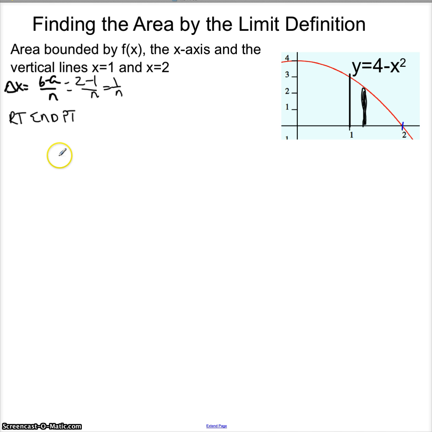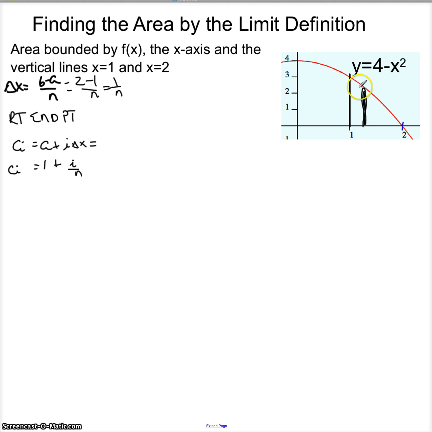All right. So if I divide this into n subintervals, then c sub i is going to be a plus i times delta x. Now, remember, delta x is 1 over n. So a is 1, so this is 1 plus i over n. This is my c sub i.